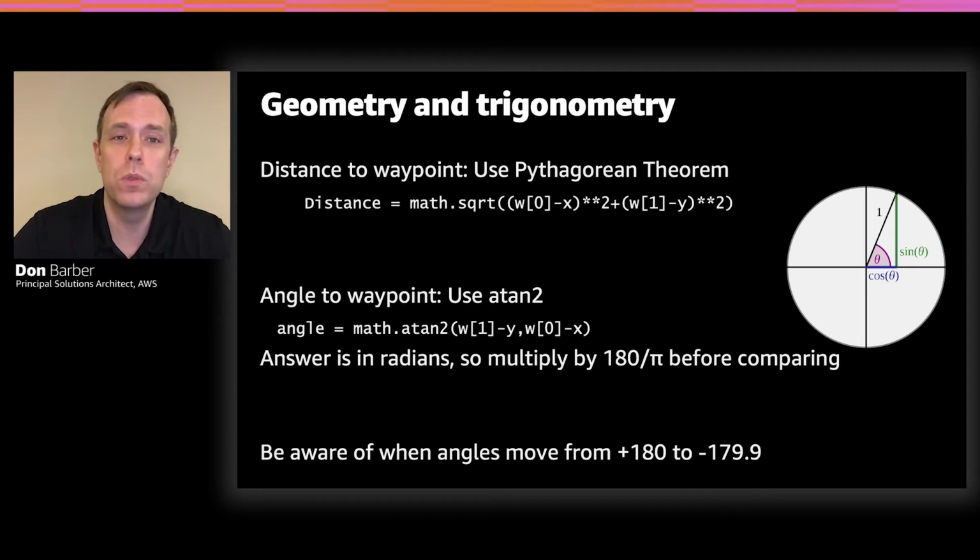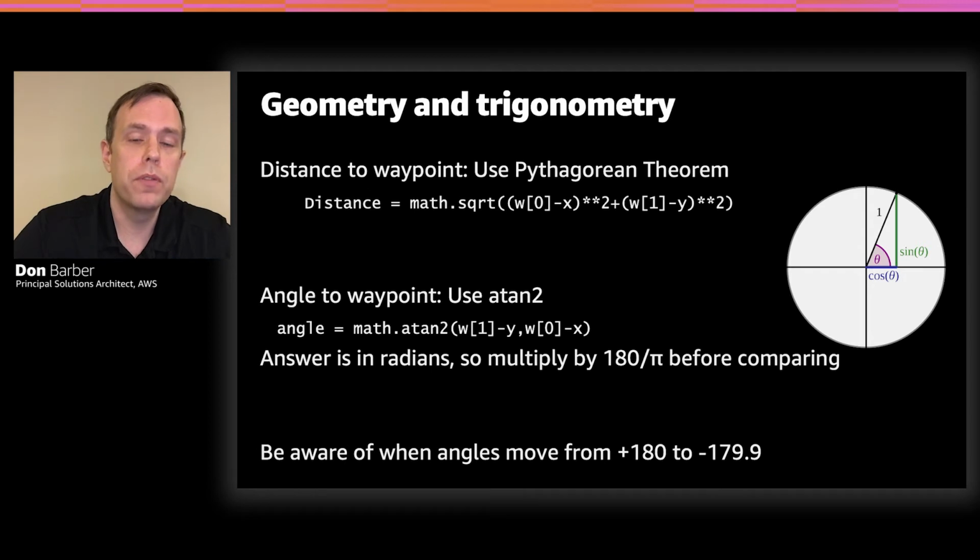But if it makes a real slight shift to the left, it will swing all the way around to negative 179.9 degrees. So that's going to look like it went a full 360 degrees in the wrong direction when it really only went a tenth of a degree in the correct direction. So just keep that in mind as you're doing your angle math in your reward function.